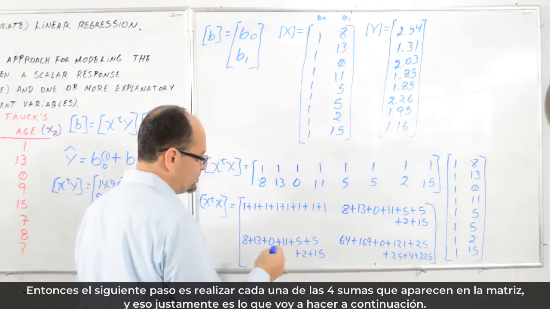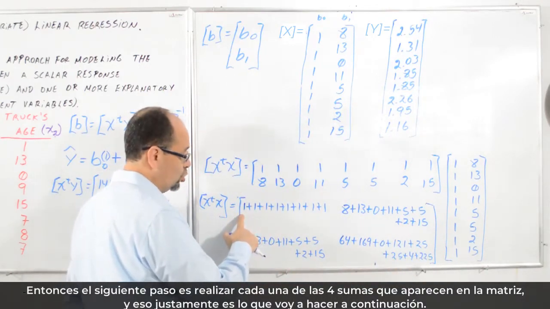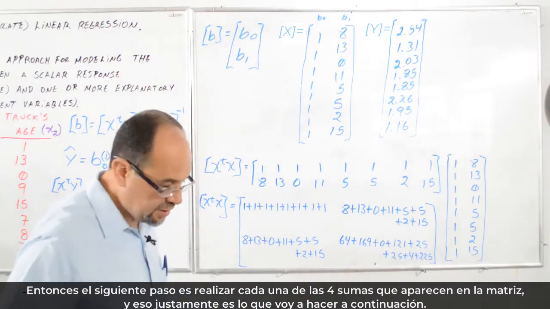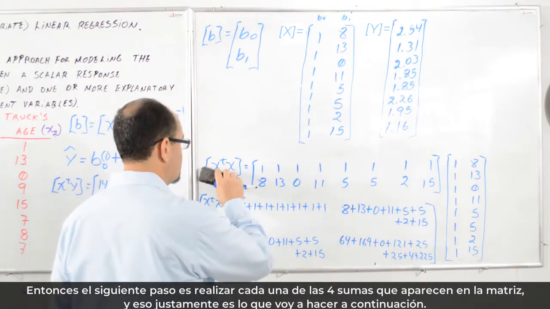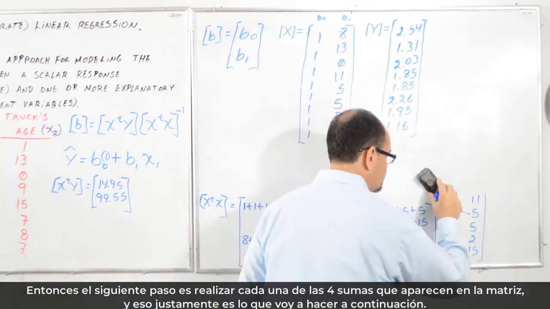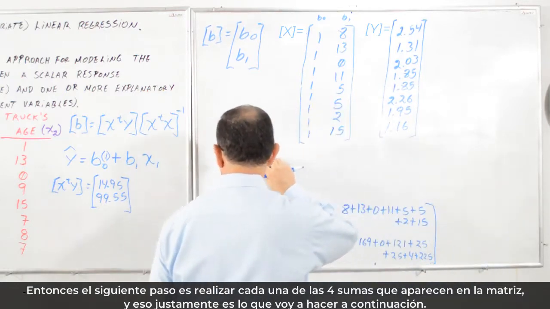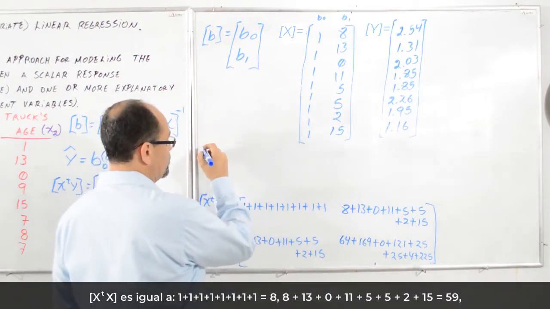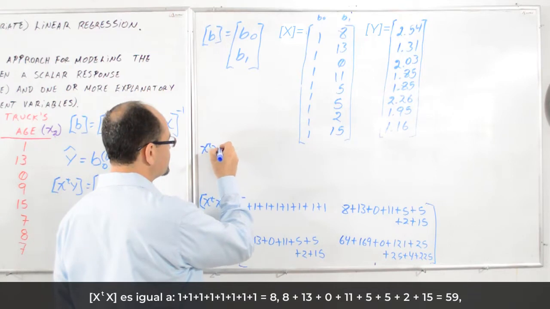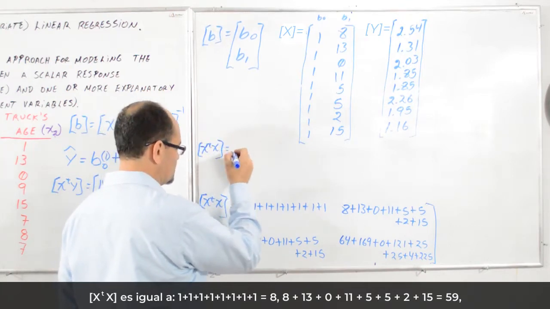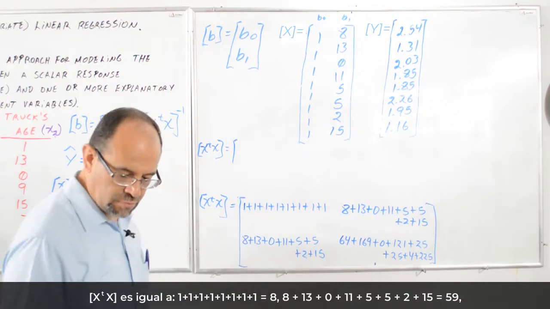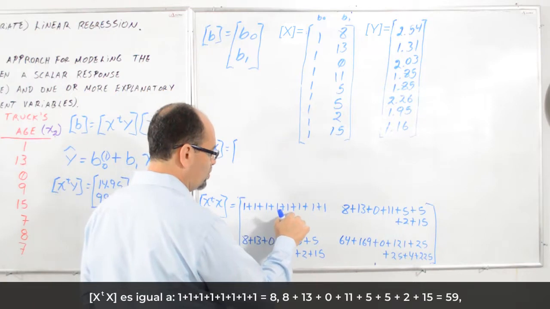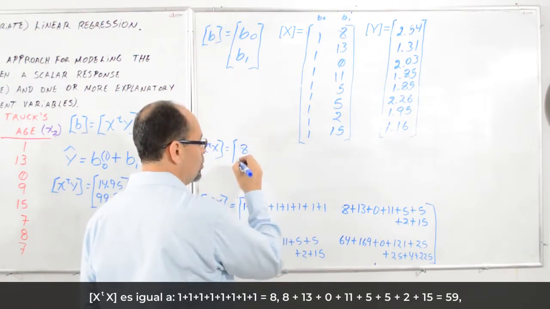The next thing to do is basically doing all of these sums, this and that and that and that. So let me do that. I will erase this. X transpose X is equal to 1 plus 1 plus 1 plus 1 plus 1, and so on, is equal to 8.